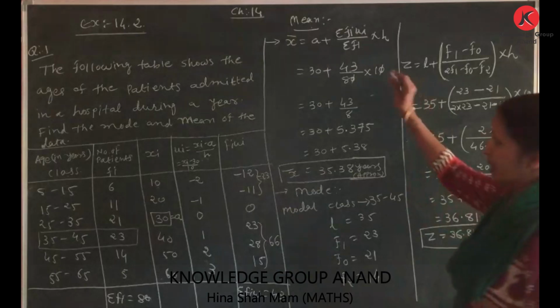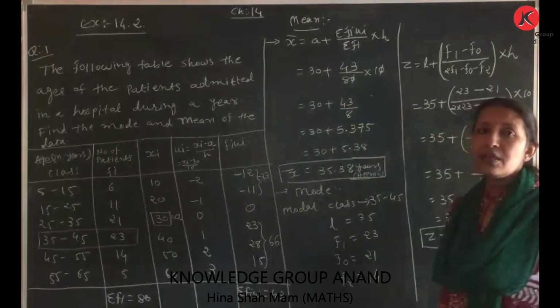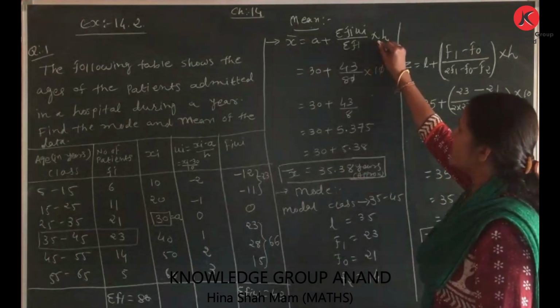First we find mean by the step deviation method. Our formula: x bar is equal to a plus sigma fi ui upon sigma fi into h.